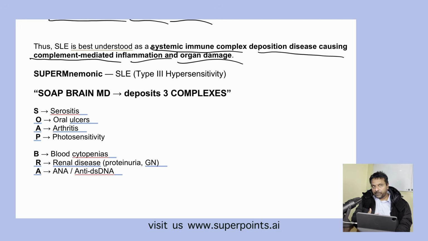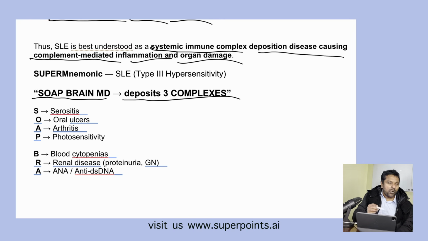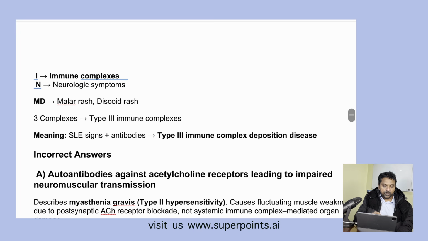How do you remember? The mnemonic I use is SOAP brain MD deposits 3 complexes. S for serositis, O for oral ulcers, A for arthritis, P for photosensitivity, B for blood cytopenias, R for renal disease, A for ANA and anti-double stranded DNA, I for immune complexes, and N for neurological symptoms.